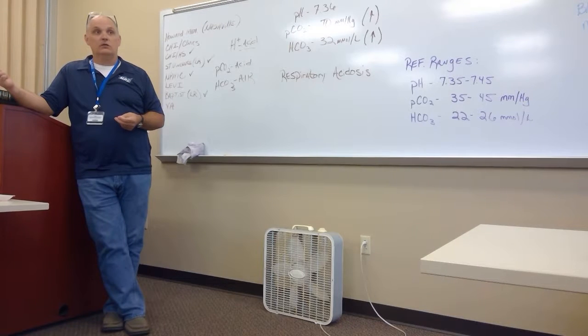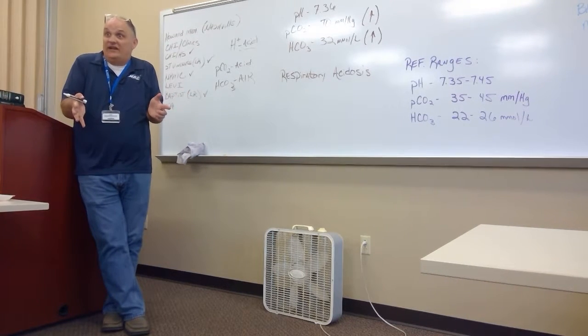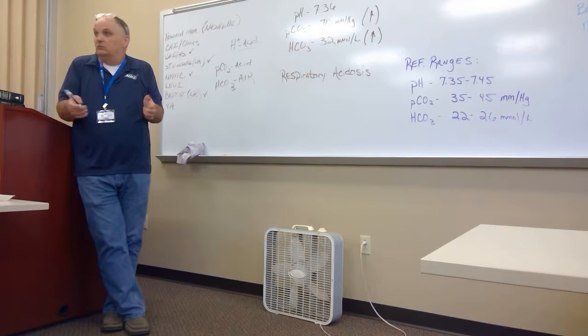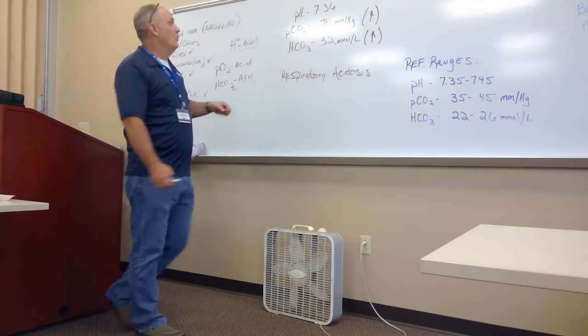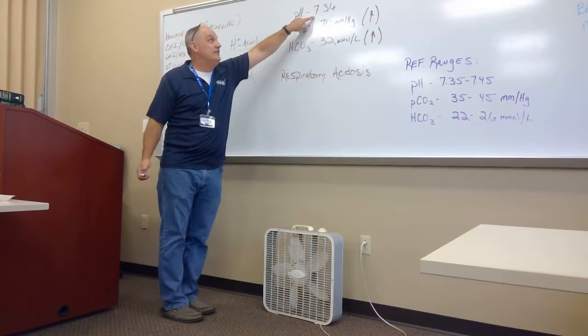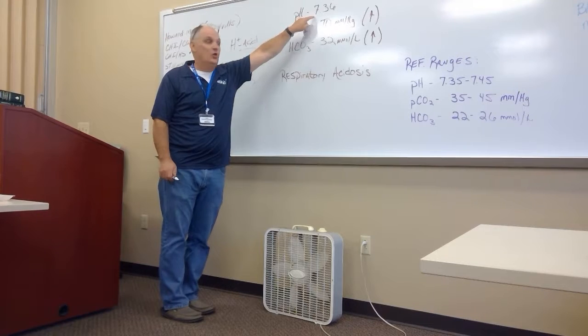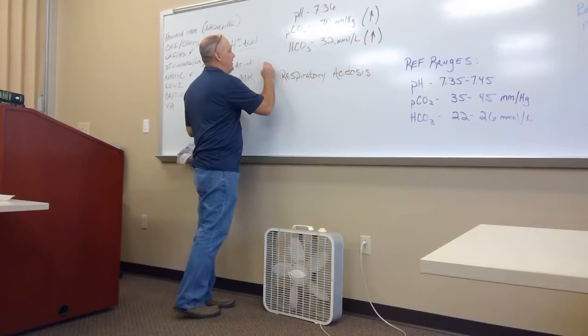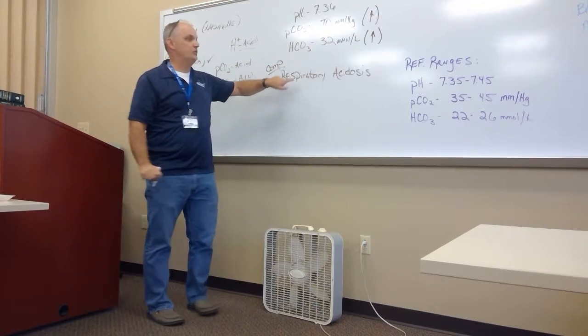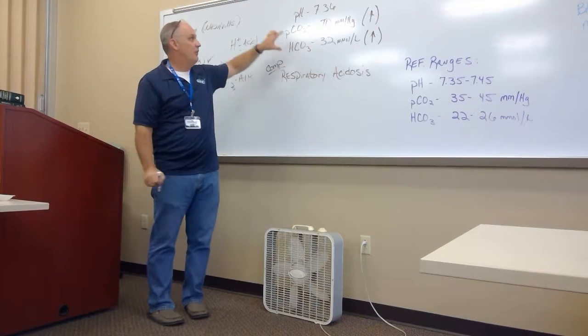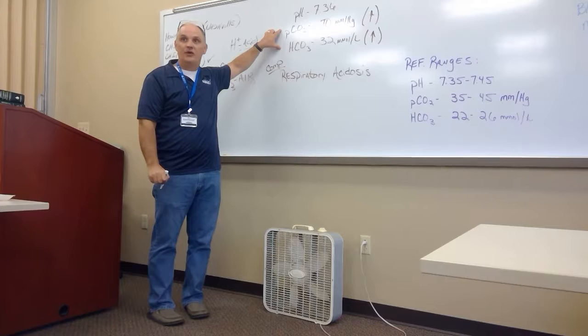It's reclaiming as much bicarb as it can, and it's probably voiding off hydrogen ions as well. So in other words, since this is technically in the normal range, we would call this compensated respiratory acidosis. The person went into respiratory acidosis.